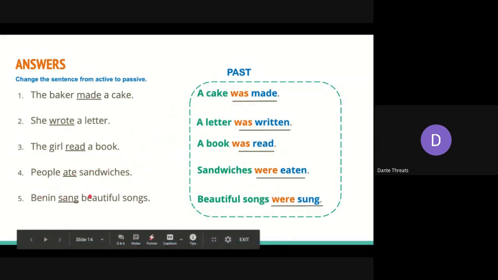Benin sang beautiful songs should be beautiful songs were sung. Why were? Yes, because the subject now is plural. And then sung is the participle of sang. Yes. Okay.